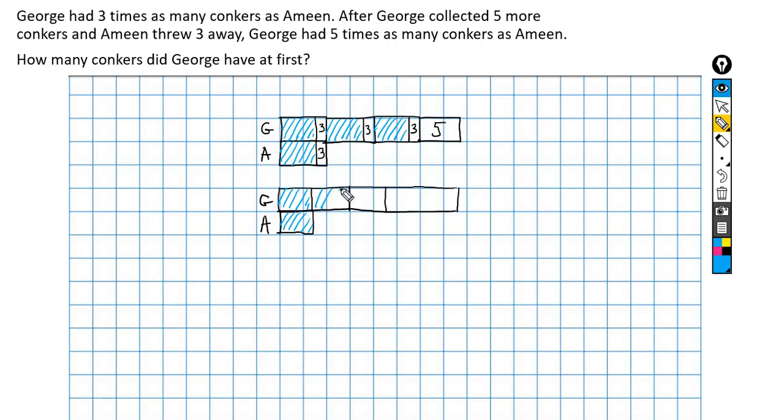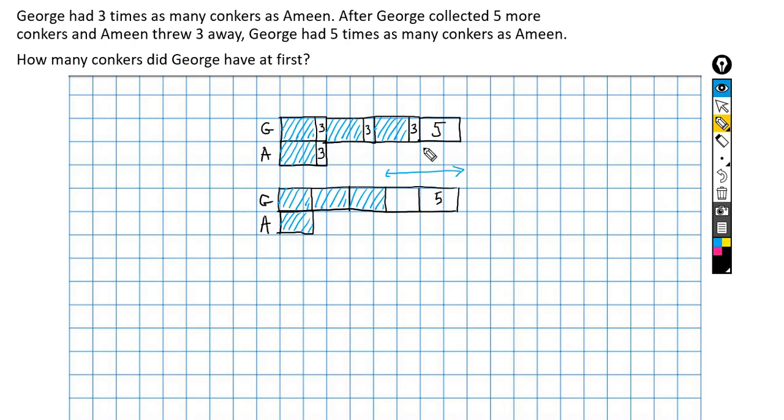which we know are of equal value to what Ameen now has, and so we're told that George's block is equal to 5 times Ameen's, which means that this must be my 2 missing blocks. Now, I can put values in here, so let's have a look. Let's put the 5 in there.